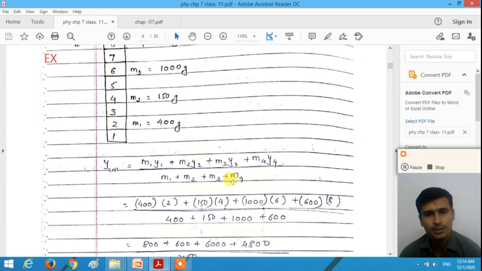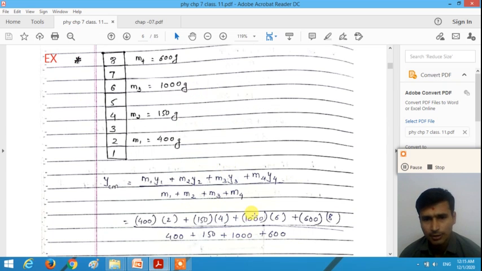So here the mass of the first object is 400 gram and its location is at the second floor. So we take 2 from the ground, right? Mass of the second object is 150 gram and the location of the second object is at the fourth floor. So we take 4. Similarly, mass of the third object is 1000 gram and the location from the ground is the sixth floor.